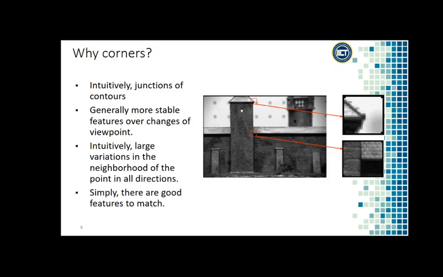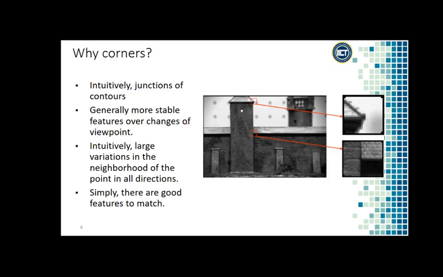They are generally more stable features over changes of viewpoint, because if your viewpoint changes, like the image gets rotated or translated, or there is a shift in illumination, you can still track those corners. That's why we consider them stable features. So intuitively, there are large variations in the neighborhood of a point in all directions due to the gradients of the corners.